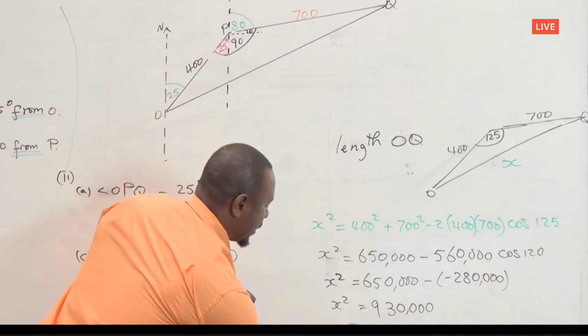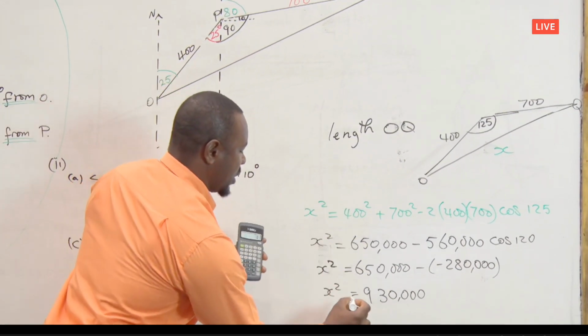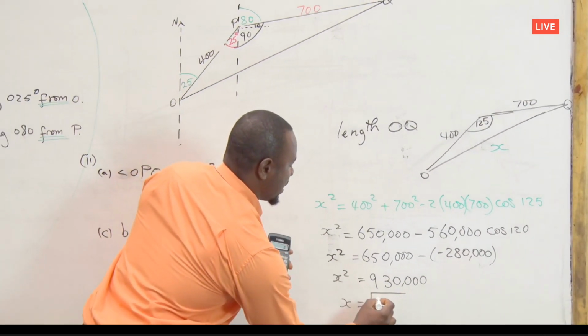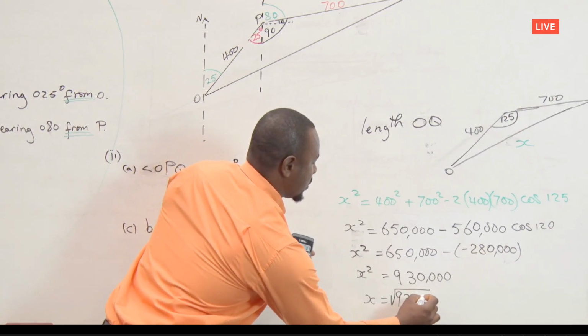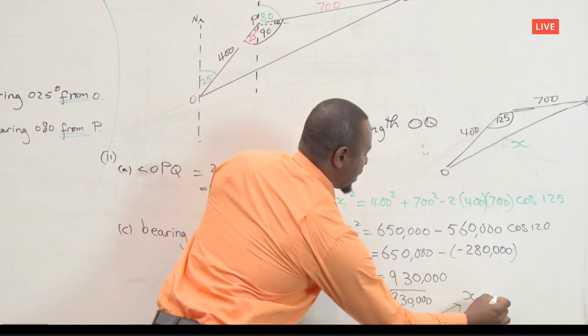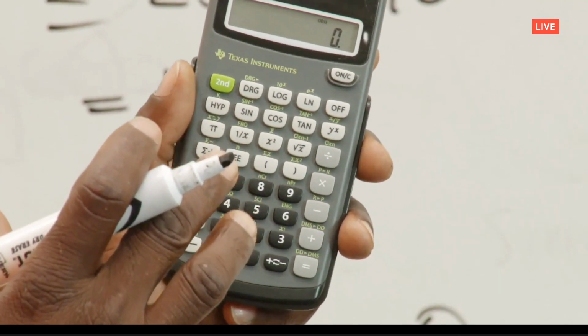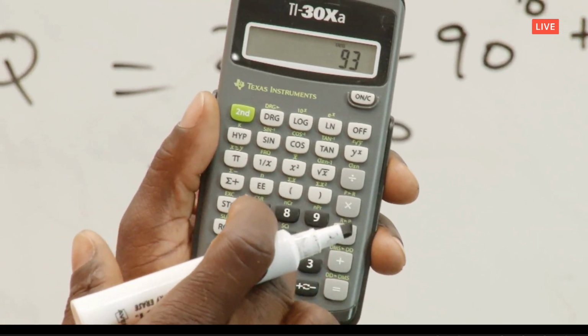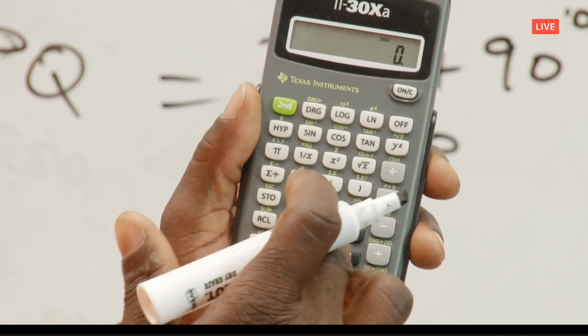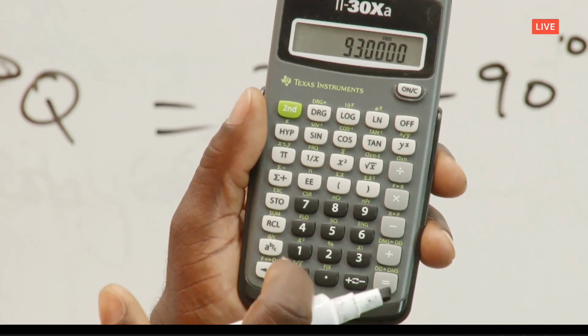Now we need to find x, which means the square comes over and it becomes the root of this 971,000. Which simply tells us here that x, so I will have to punch in the number for us again. So it will be 971, 1, 2, 3 zeros.